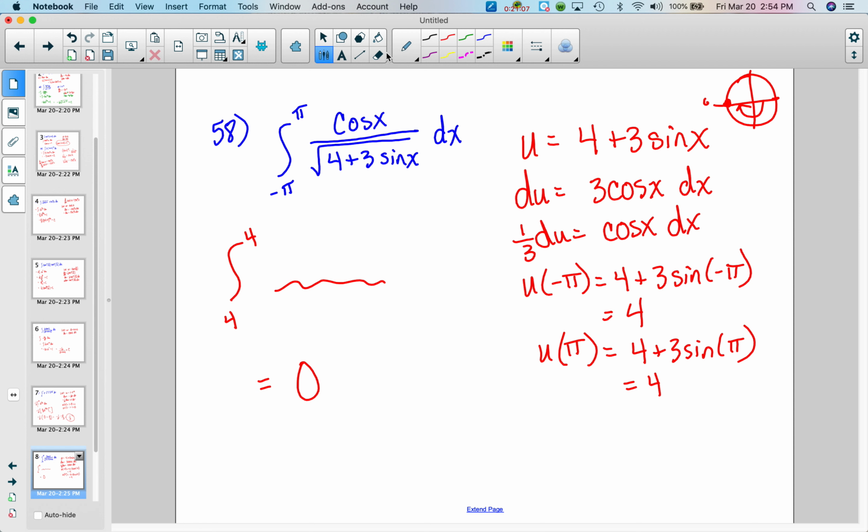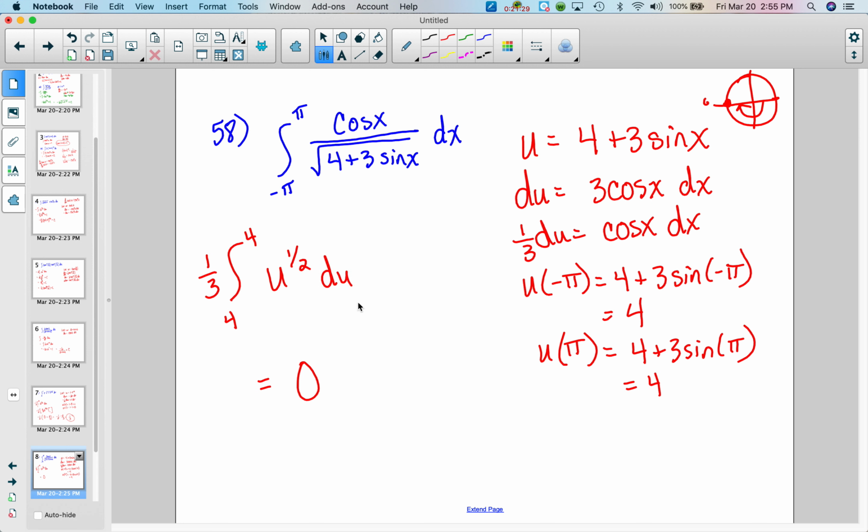So let me tell you what it would have been, just in case, because that's not always going to be the case. So let me just show you what you would have substituted. We'd have a 1/3 out here, and this was in the denominator, so it's u to the 1/2 and du.